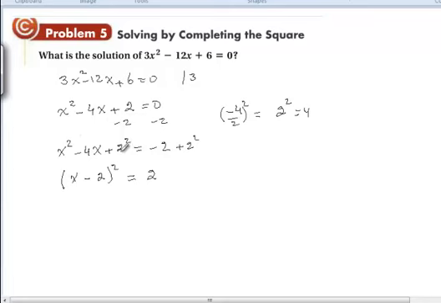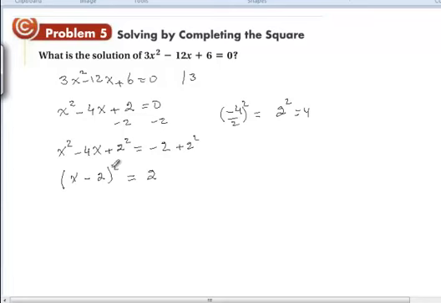In general, when you have a squared and b squared, and the middle term is 2 times a times b, then it makes a complete square. Look at 4x. It's 2 times 2 times x, which is 4x. So it gives you the complete square. So x minus 2 squared is equal to 2 now.